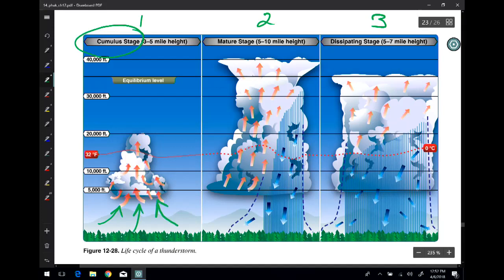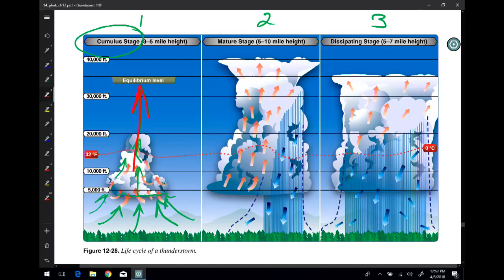And what happens is that as that air rises, reaches the dew point, the cloud base begins to form, and all of this is associated with what we call updrafts. All of the air is being pulled in underneath this cloud with everything here going this direction. So the cumulus stage is the first stage, and it is normally associated with continuous updrafts, okay? That is the cumulus stage.